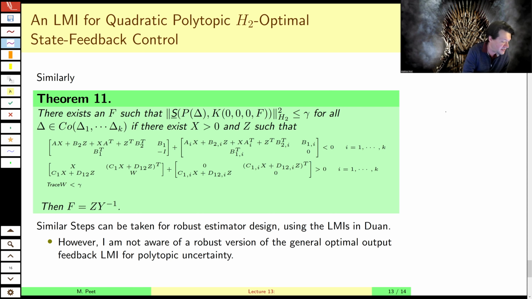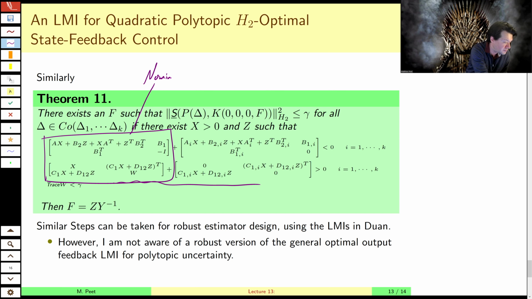Likewise, we can do H2 optimal state feedback the same way. We take the LMIs we had for H2 optimal control and we enforce them at the vertices. So these are our nominal LMIs for H2, and then we're adding on the uncertain equivalents.